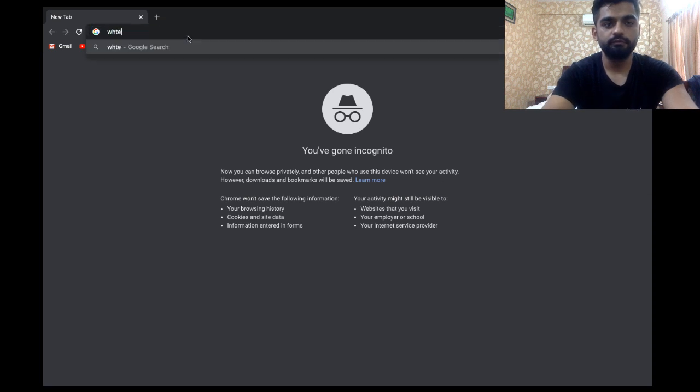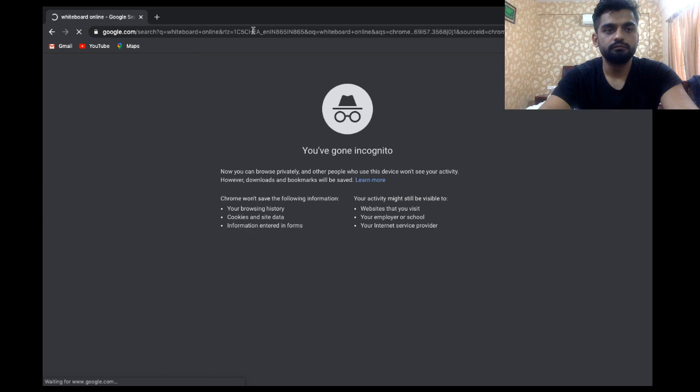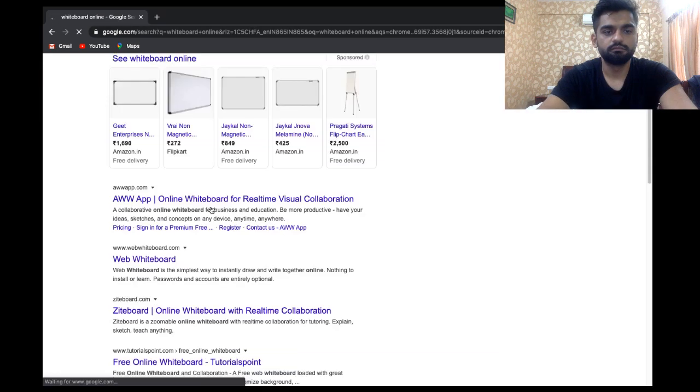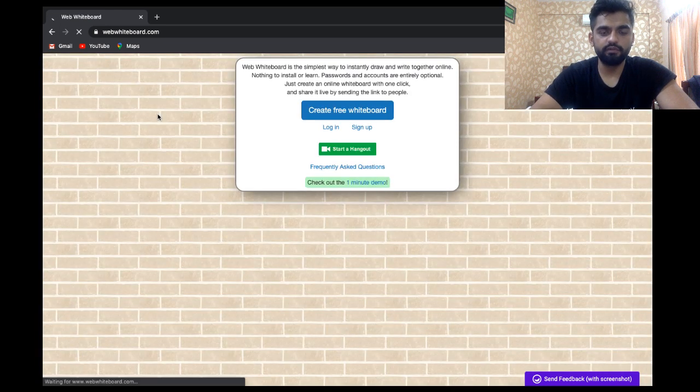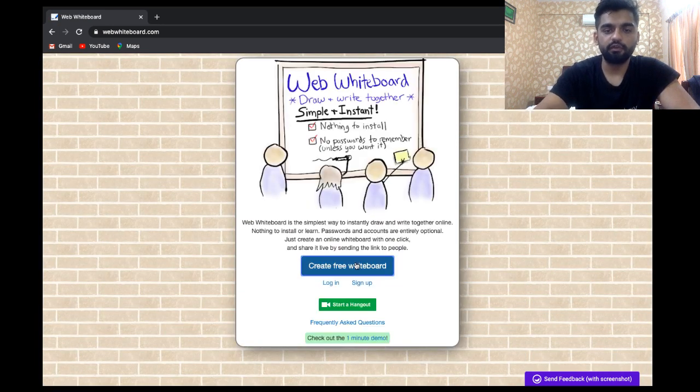Whiteboard. Whatever it is we are discussing, visualizing, trying to visualize, something that can be solved using a formula also.